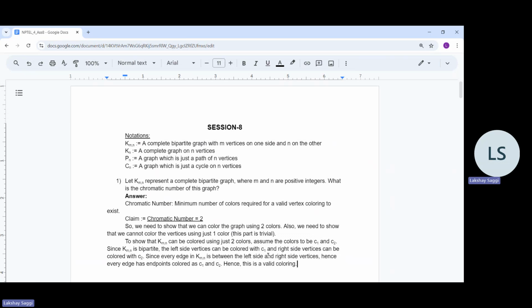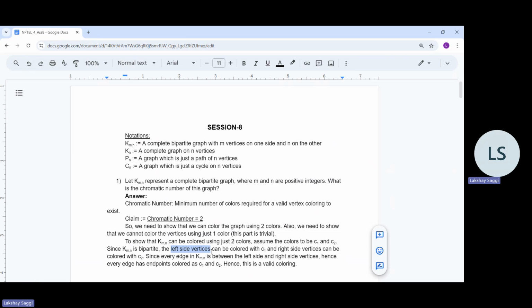Note why this works in bipartite graphs, but using two colors may not always work: in bipartite graphs, the left side vertices don't have an edge between themselves. There does not exist an edge from one vertex on the left side to another vertex on the left side. Every edge is between the left side and the right side vertices.